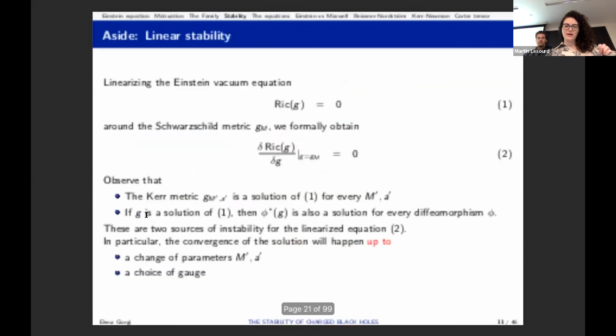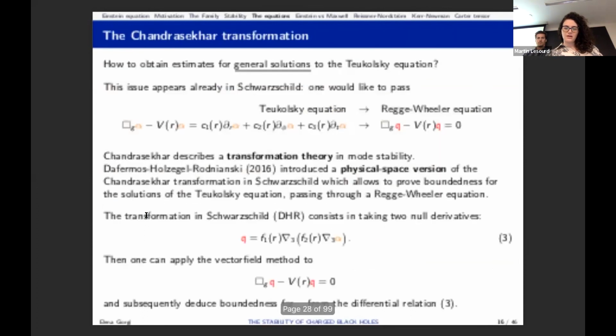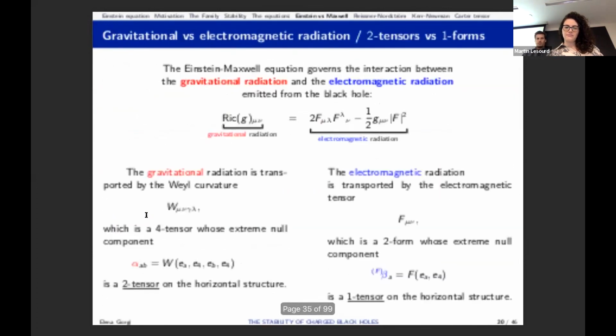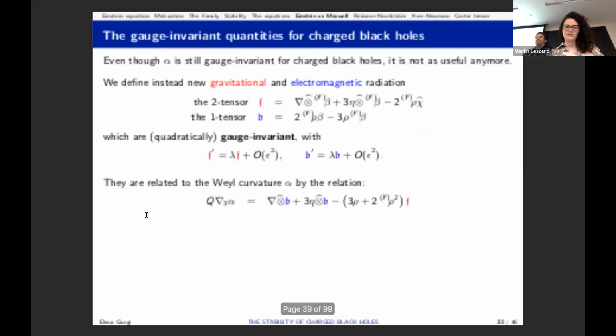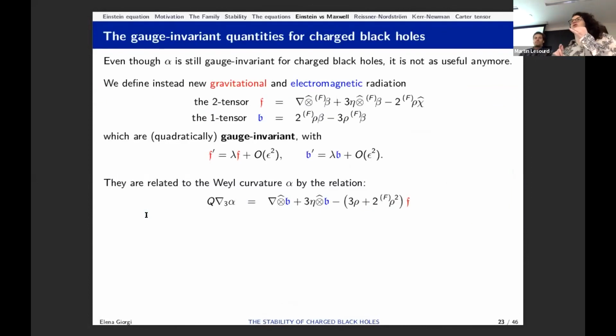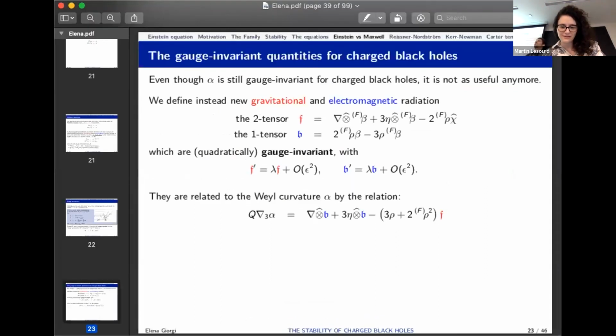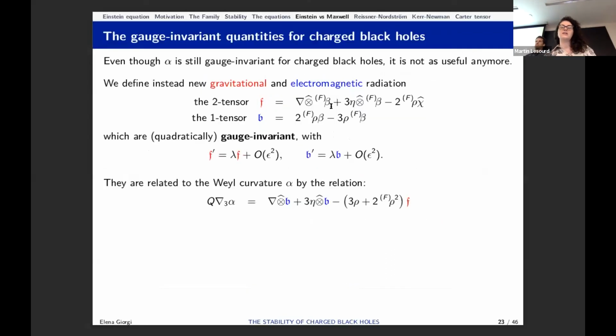So the question is about the quantities F and B, defined in perturbations of Schwarzschild, Nordström and Kerr-Newman. Peter is asking if they're quadratic. They look quadratic, but they're not, because beta F is 0 in the background, and you're taking an angular derivative, so this is a linear term.